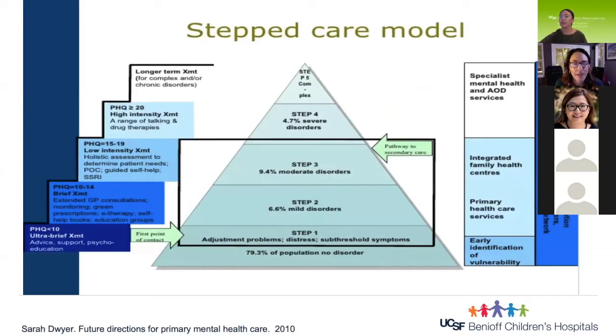So thinking about a stepped care approach, this is another way of looking at what is the overall population health need, and that many people fall into these lower step 1 and step 2 categories where there's really no disorder or only mild symptoms, and what level of care is appropriate. This could include psychoeducation, brief interventions that are performed in primary care, time-limited treatment, and then the more severe presentations receive more complex and more specialty care at the top of the pyramid.